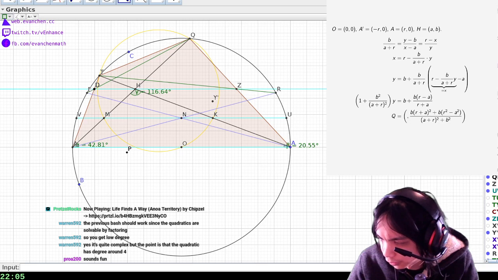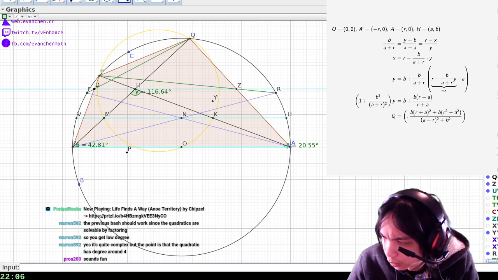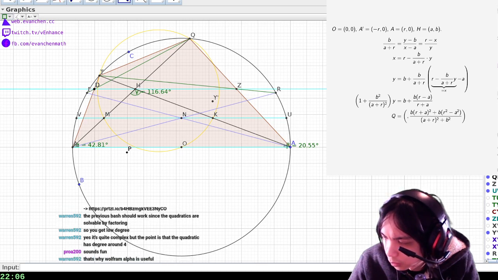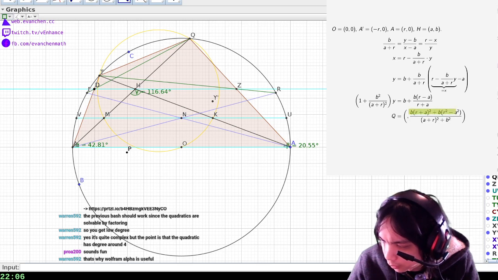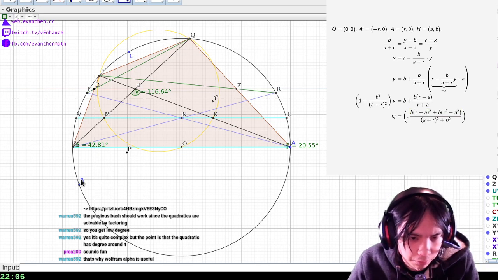I mean, it is this, right? Is the thing you'll get for the y coordinate, and the x coordinate is like whatever r minus. The x coordinate is even worse degree, right? Does this simplify at all? It's 2br squared. Oh, it does factor. Oh, you're right. Okay.